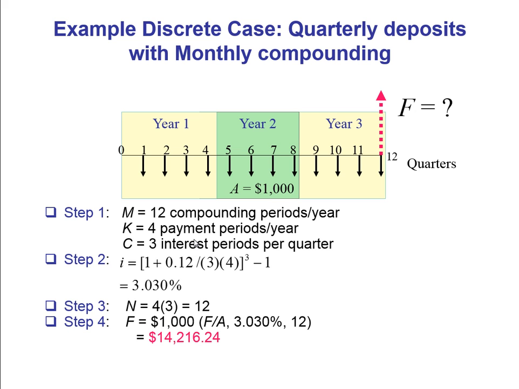For 3 years, then it will be 4 times 3, which is equal to 12 payment periods. Using the formula, then the future value with a $1,000 payment per quarter will equal $14,216.24.